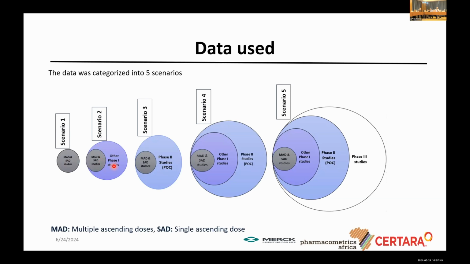In scenario 3, in addition to the first scenario, we will be adding proof of concept studies, the 2 phase 2 studies that we have. And then in the following scenario, we would add more phase 1 data to scenario 1 and scenario 3. And finally, in the 5th scenario, we would include the phase 3.